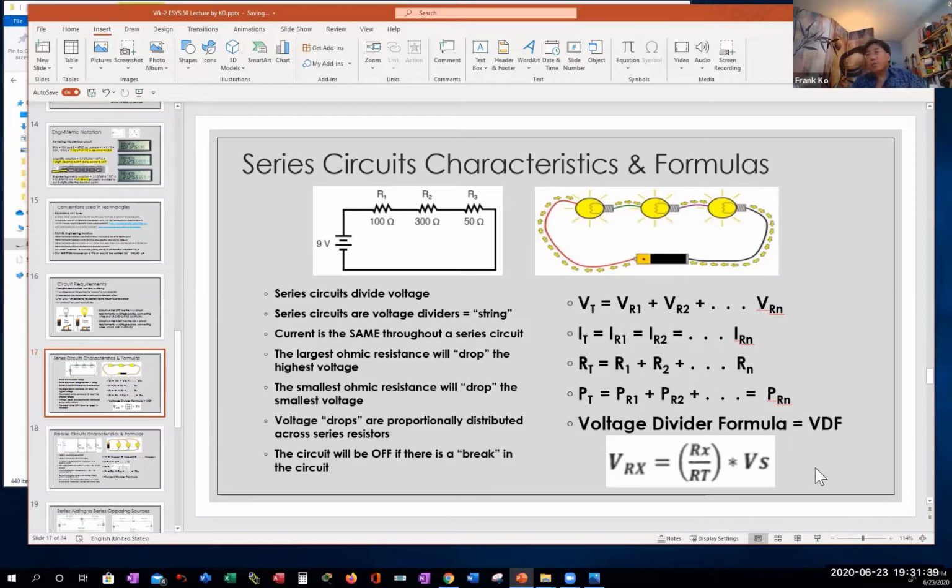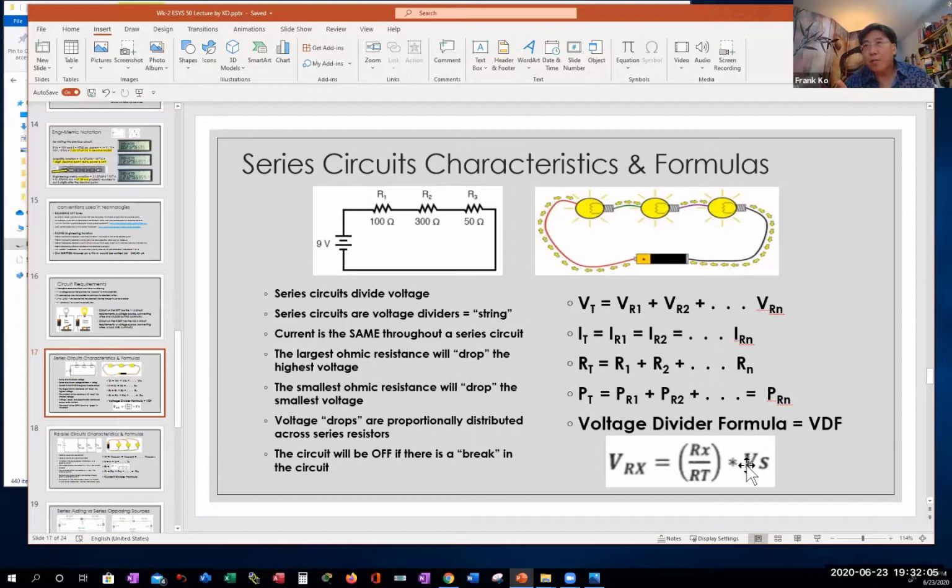It tells you that the voltage across a resistor called X is equal to the value of that resistor Rx divided by the total times the voltage source. It's a fraction. What fraction of the source is going to be across a particular resistor?